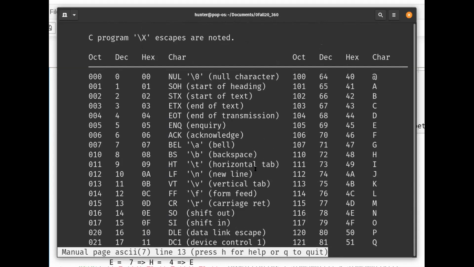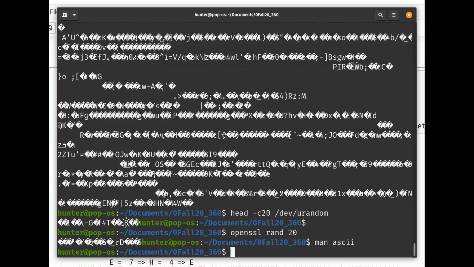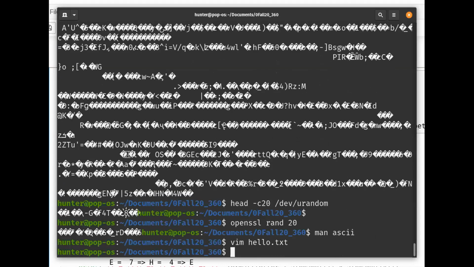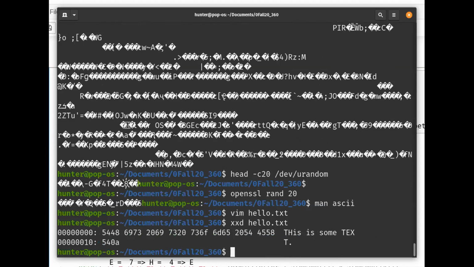Okay. And if you look at a document that is made up of text, and then you look at the binary for that document, look down here at the bottom of the screen. Maybe I'll clear and then do that again.